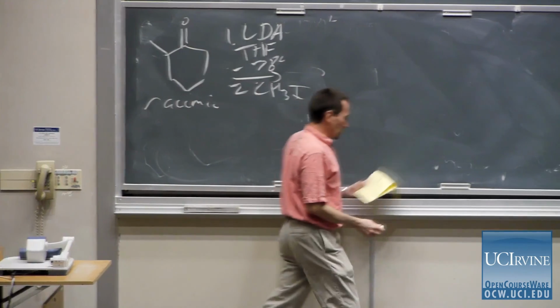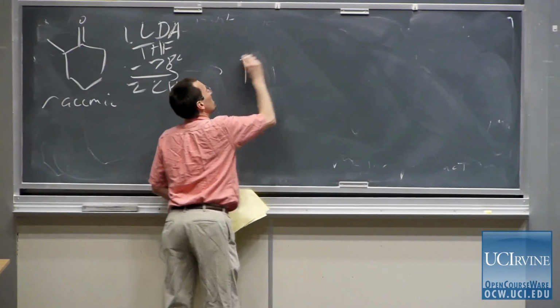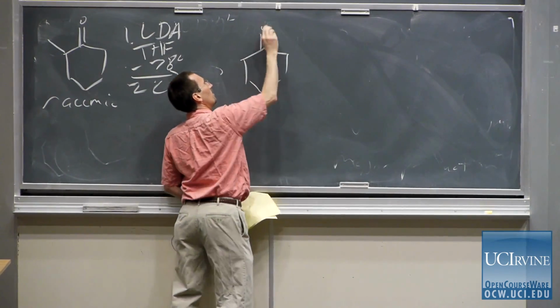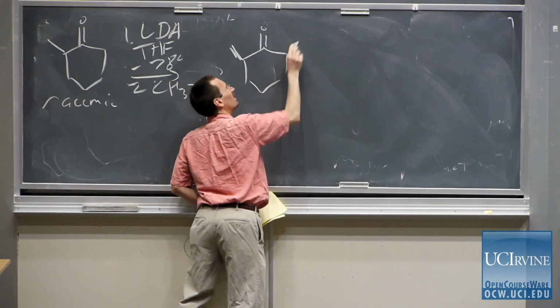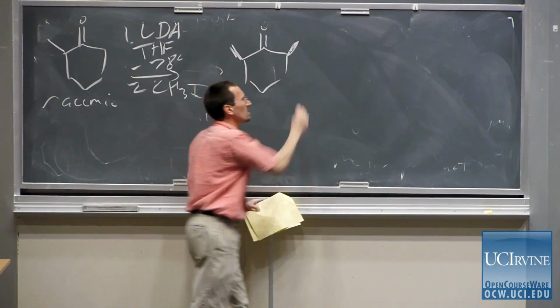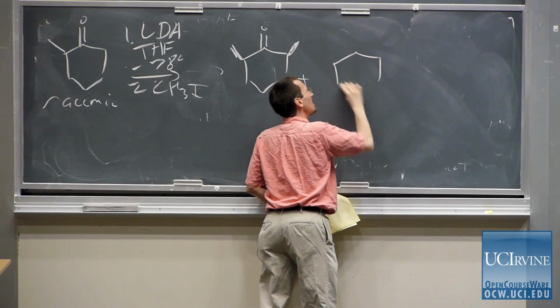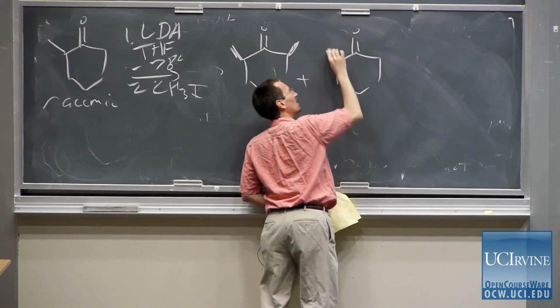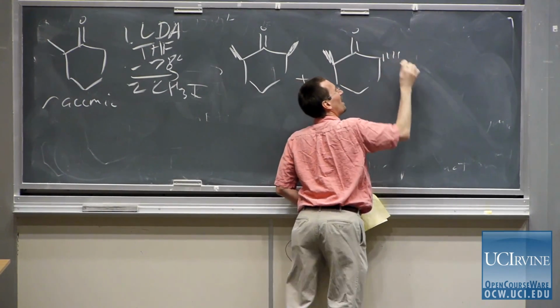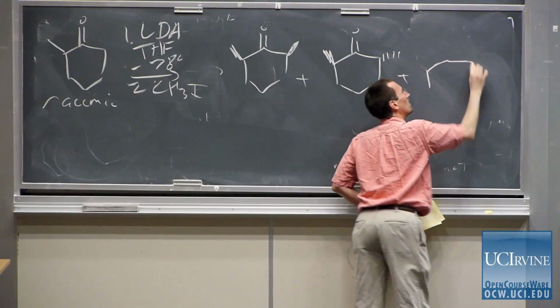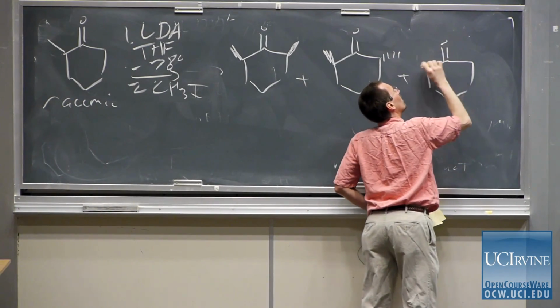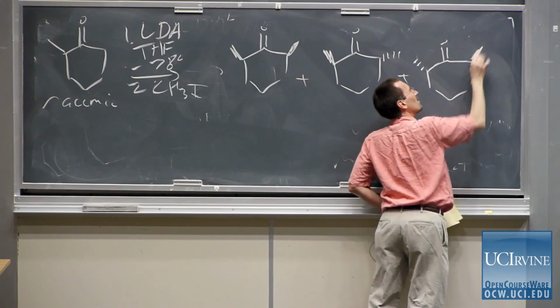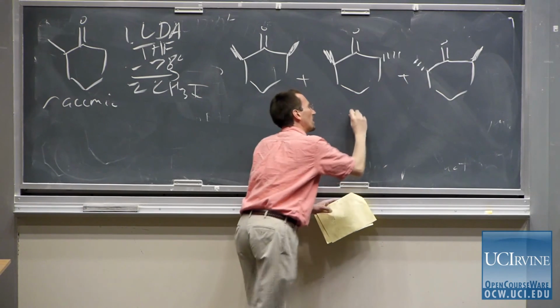And you'll get a mixture of the cis and trans compound. But of course, the trans compound is going to be the racemic.